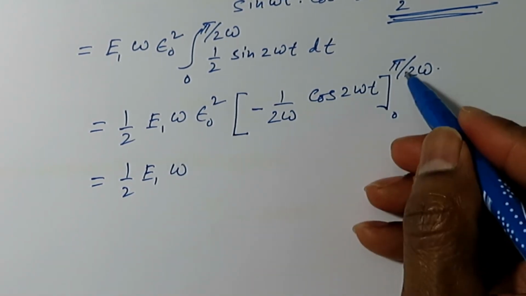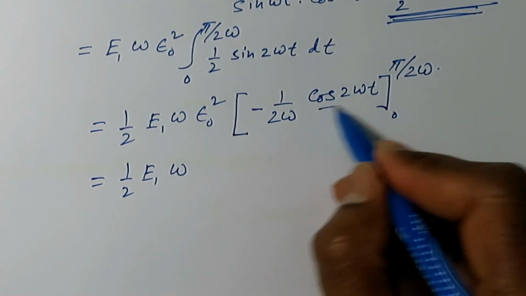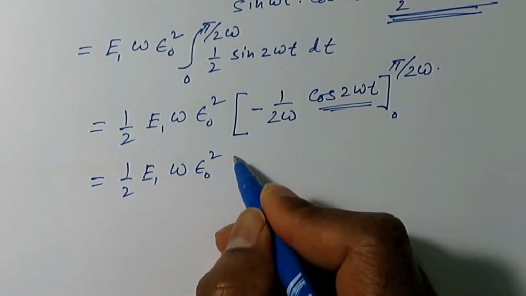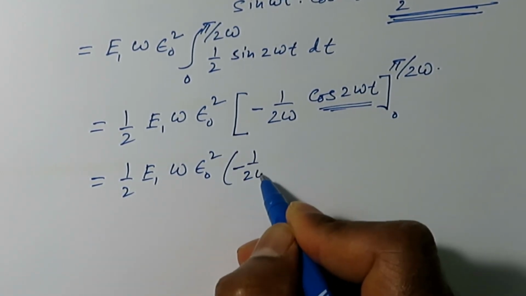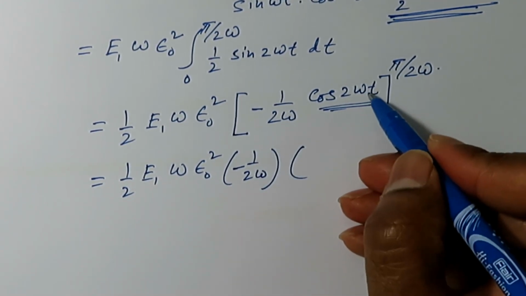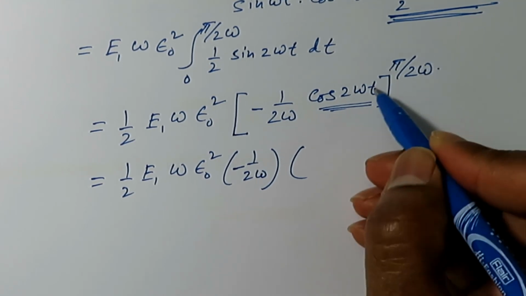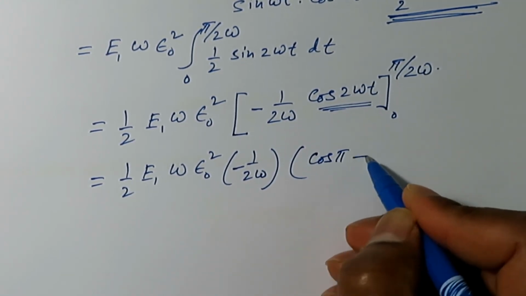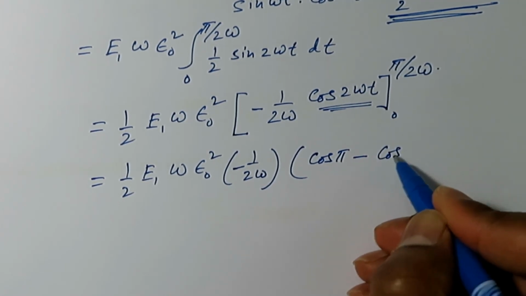So now we will put these limits to cos 2 omega t. First pi over 2 omega, which will give us cos pi minus cos 0.